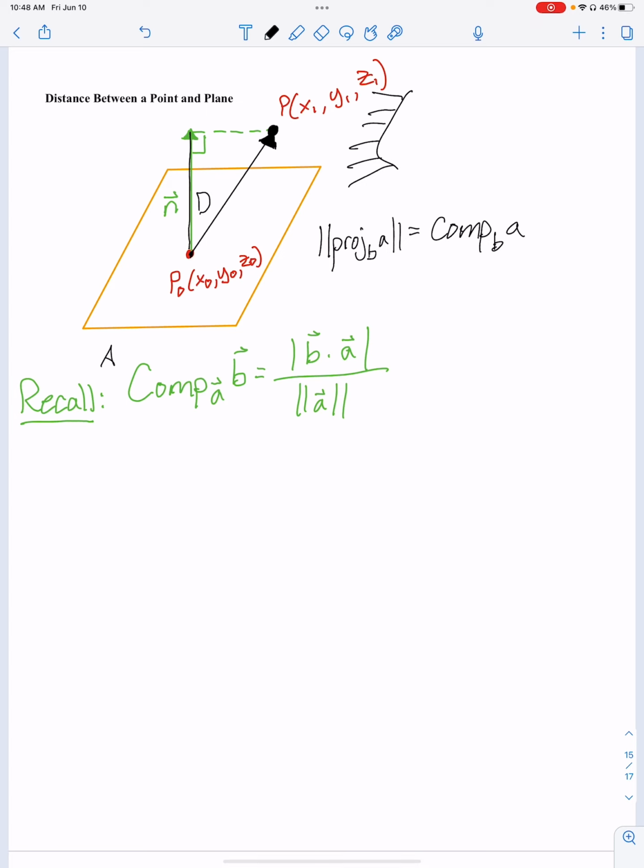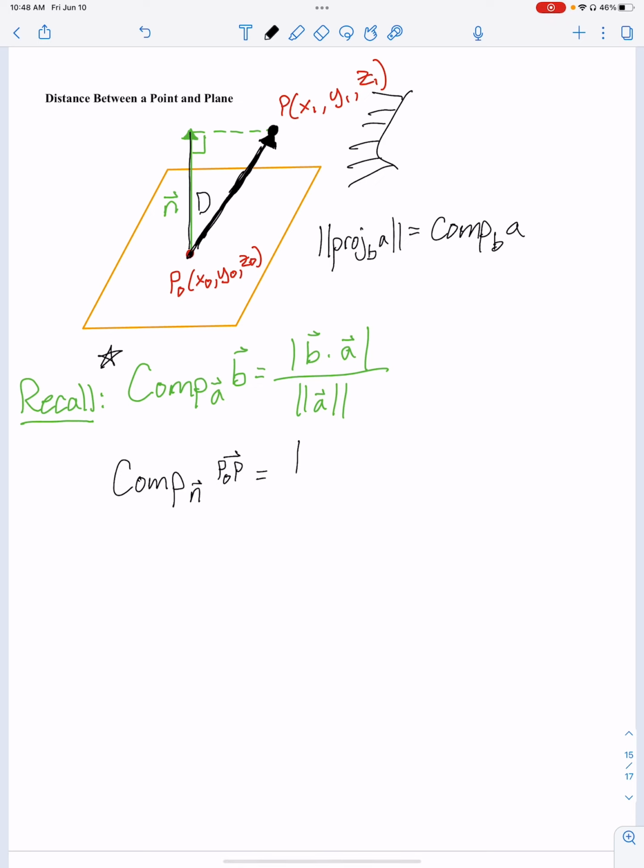Now, if you remember from a couple sections ago, the component scalar of our projection is defined this way. So if I wanted to find the distance of that, I would just plug in those vectors instead. So I am taking the component scalar of P naught P, this black vector here, projected onto n, the normal vector of my plane.